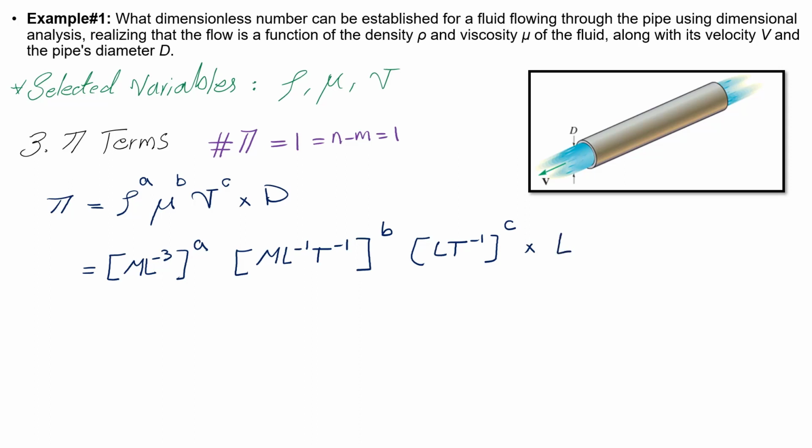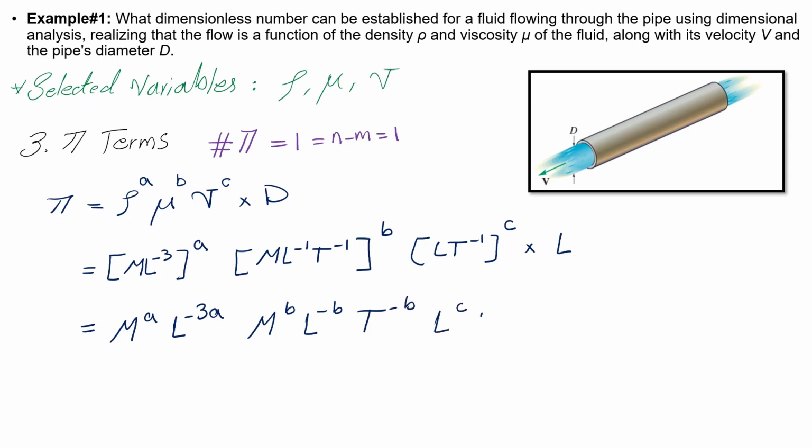All right, so let's do a little bit of algebra on this. It would be M to the power a, L to the power -3a, M to the power b, L to the power -b, T to the power -b. What else?